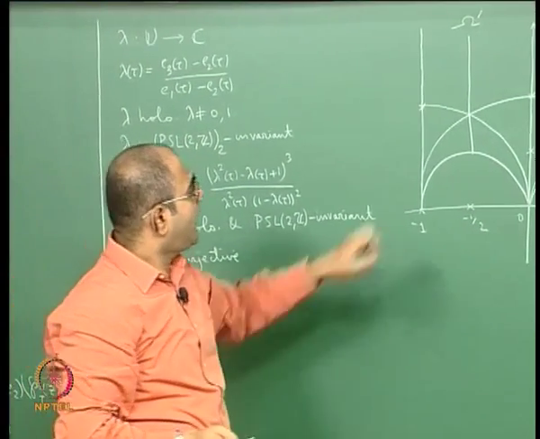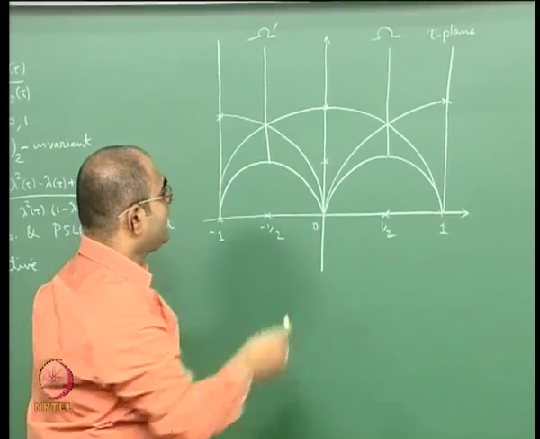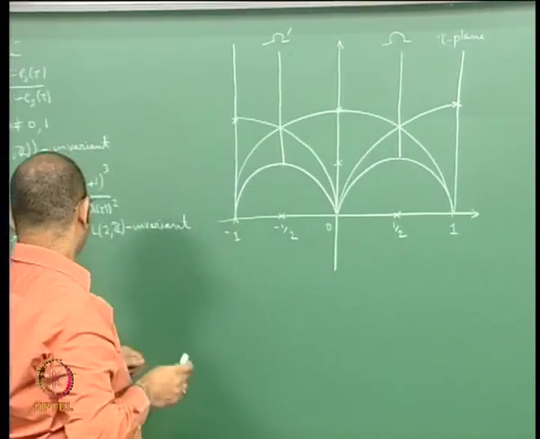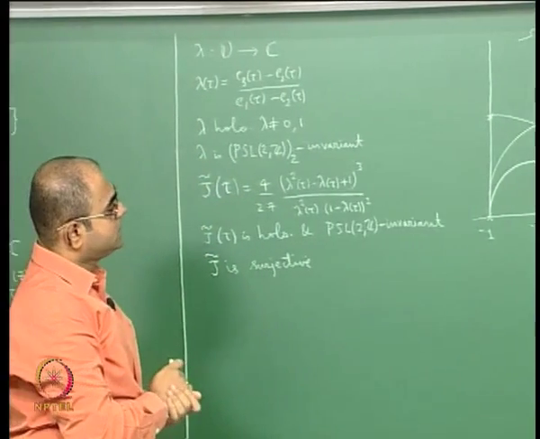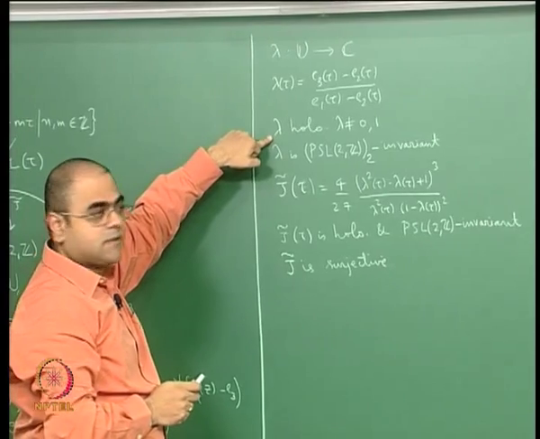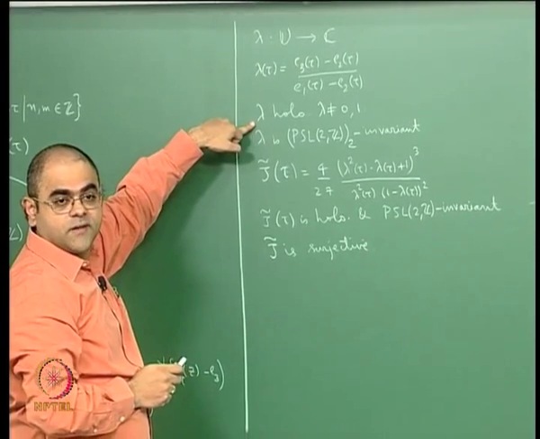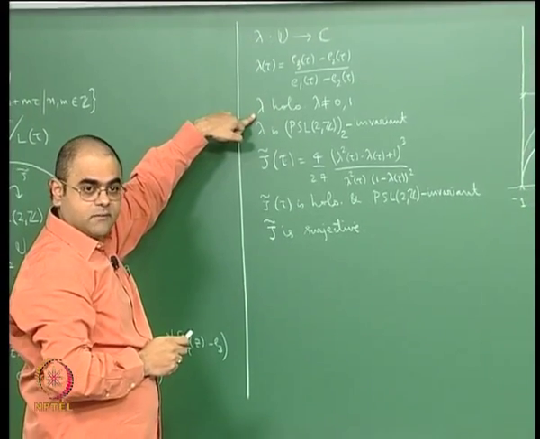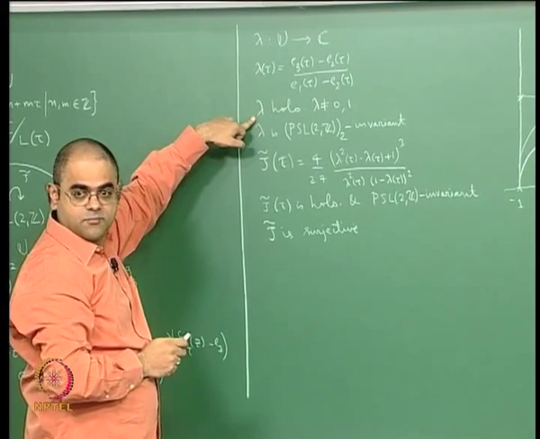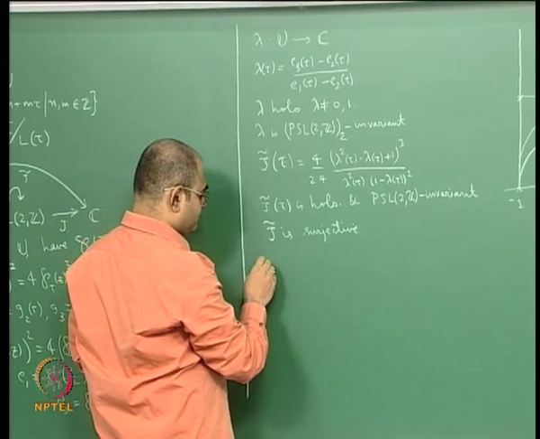What was special about omega and omega prime was that we proved this function lambda maps omega holomorphically onto the upper half plane, and it maps omega prime holomorphically onto the lower half plane. So let me write that down.